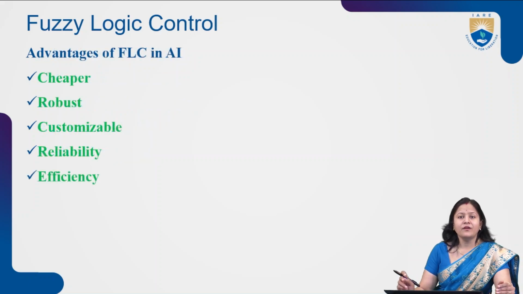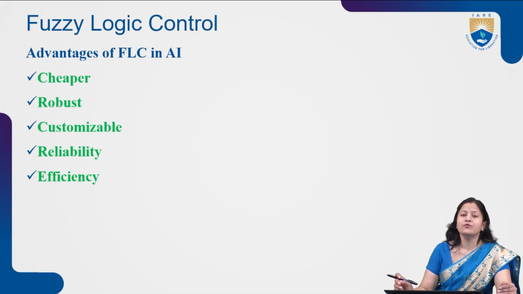Now these are the advantages of fuzzy logic control in artificial intelligence. It is very cheap compared to other controllers, and it is robust. Robust means irrespective of any application, this fuzzy logic control can be used. It is sustainable, and it is customizable.